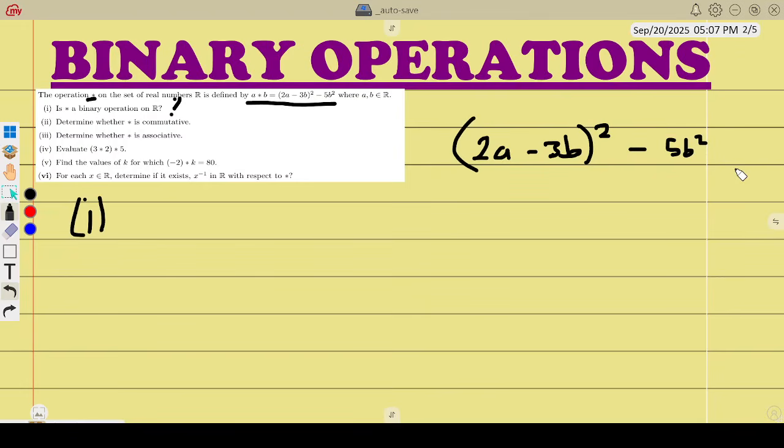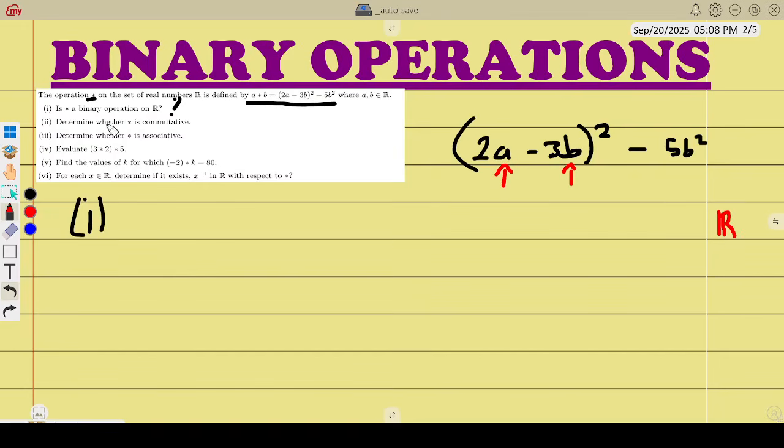Now what you have to do is think what two numbers, if you put one where there's a, and the other number where there's b, you are going to get two real numbers, and then you should end up with a final answer which is not a real number.